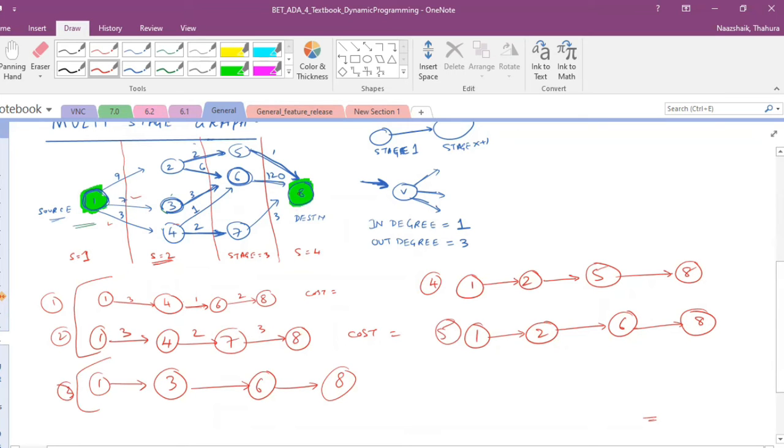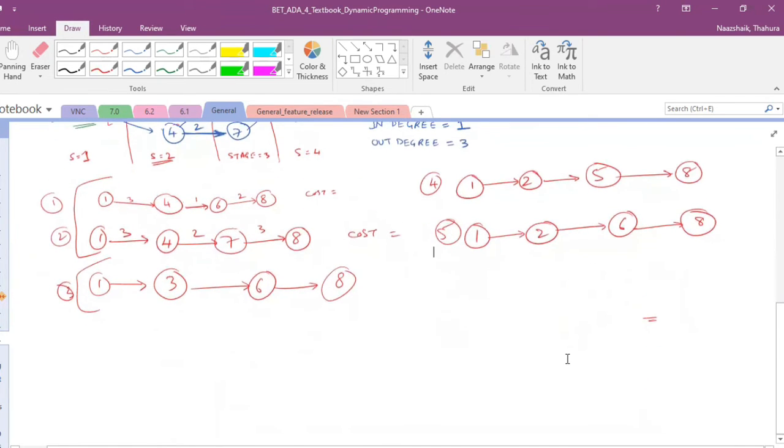So unlike greedy, dynamic programming actually goes ahead and uses what you had computed earlier, and it will build the eventual solution. With this explanation, let's pick one problem from your textbook and try to solve.